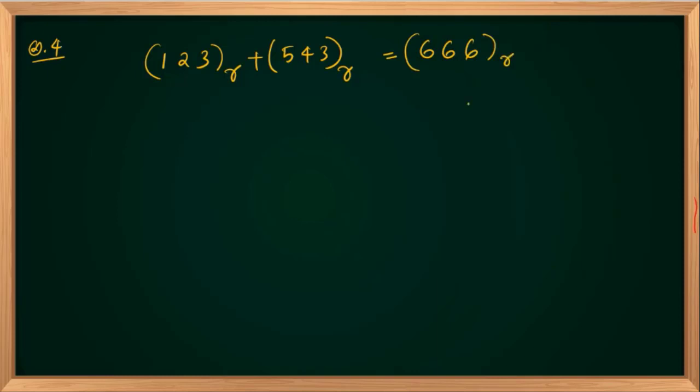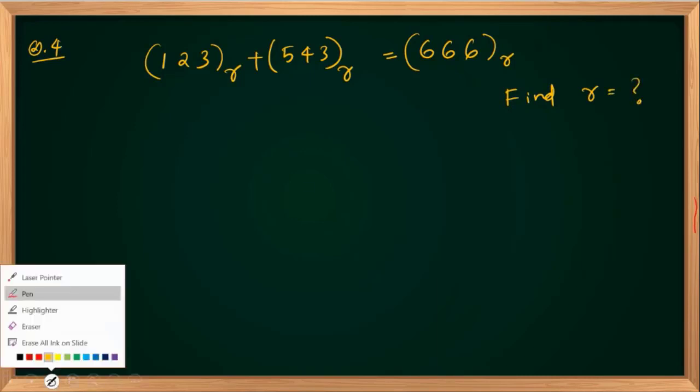Let us say 1, 2, 3 base R plus 5, 4, 3 base R equals 6, 6, 6 base R. Find the value of base R. Find the value of R. Options are given.